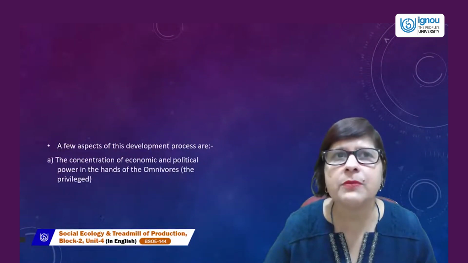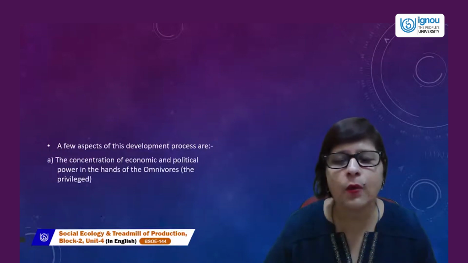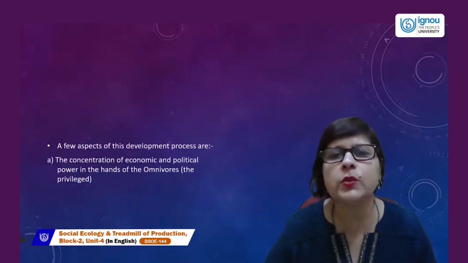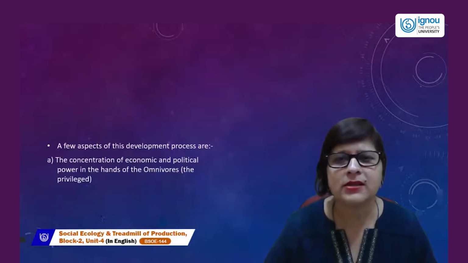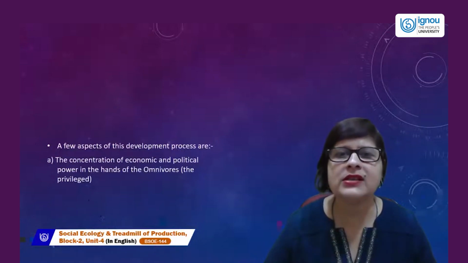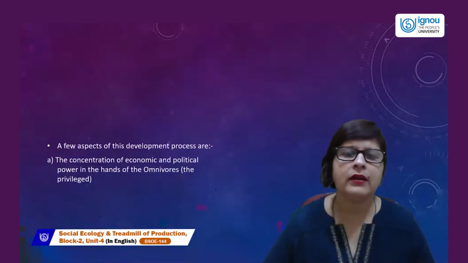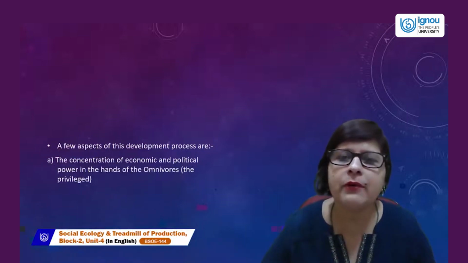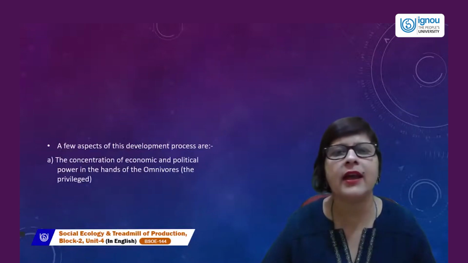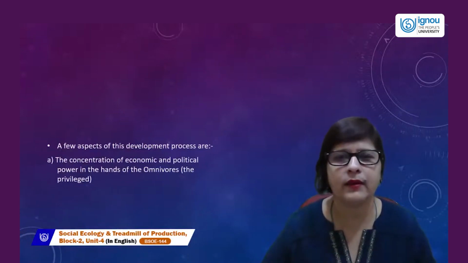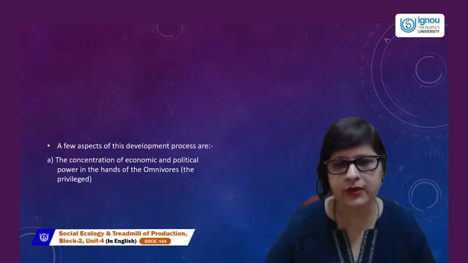Why is there an asymmetry in post-independent India? Why is there an asymmetry between the groups? Because the state prefers the privileged one. The economic and political power is concentrated in the hands of the privileged one, in the hands of the omnivores.